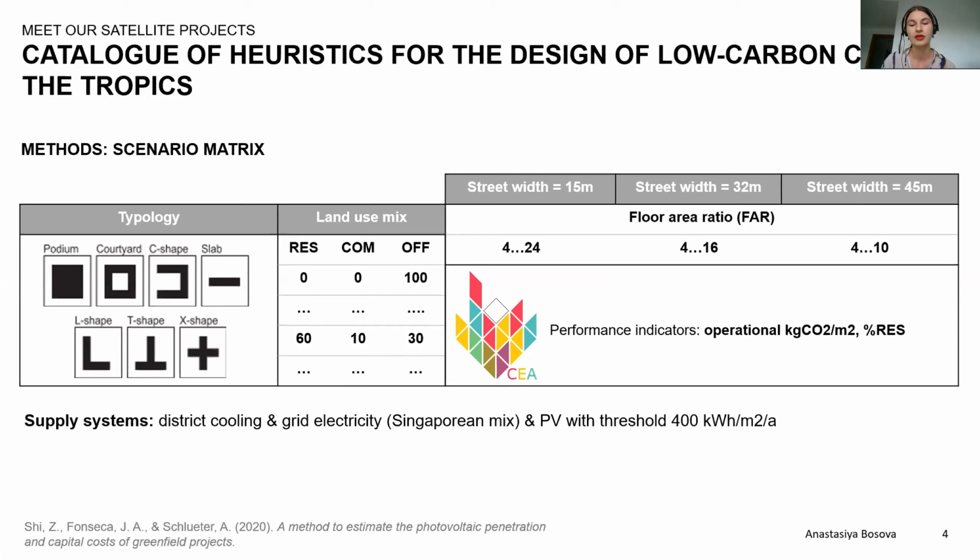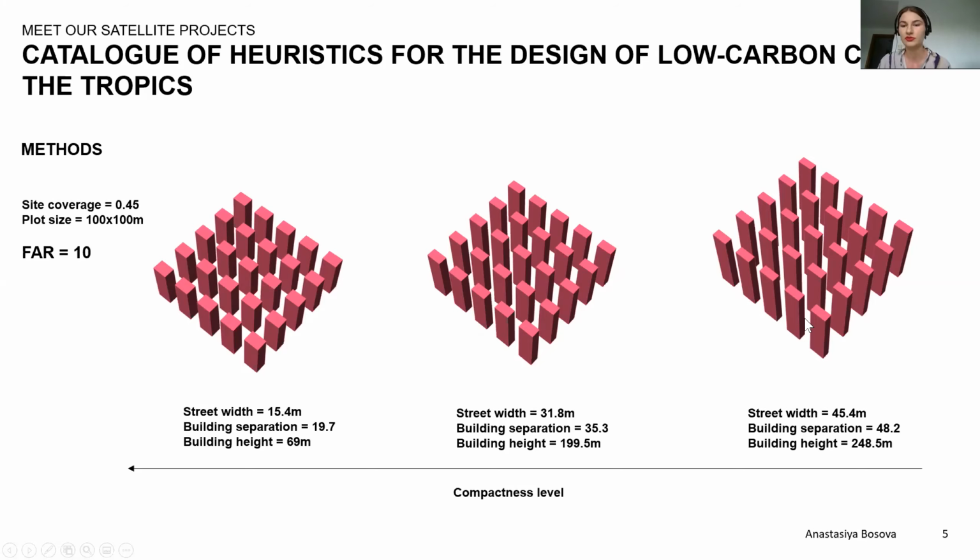The wider the streets are and the lower the compactness level is, the higher the buildings get, but smaller in terms of their footprint area, to achieve the same floor area ratio. Such districts are constructed for different floor area ratios and different building typologies that were shown in the previous slide.